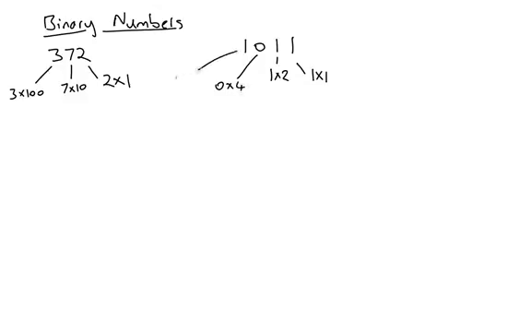And here we've got 1 times 2 times 2 times 2, in other words, 1 times 8. So altogether the number in decimal is 8 plus 4, no, not 4 because we've got no 4s, 8 plus 2 plus 1, which is 11. So this is 11 in binary.